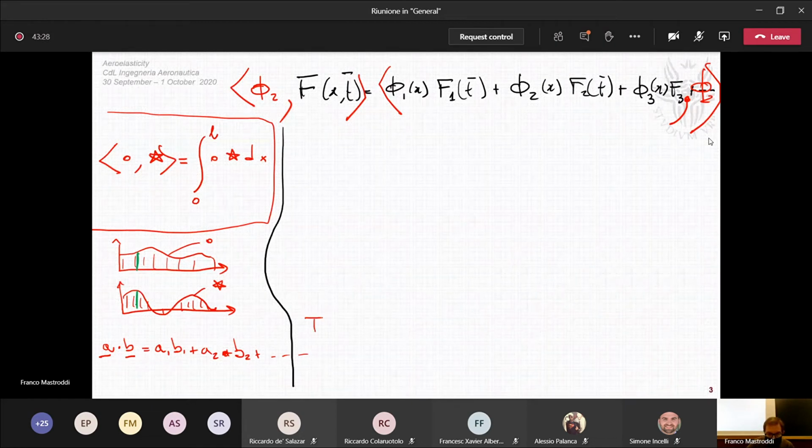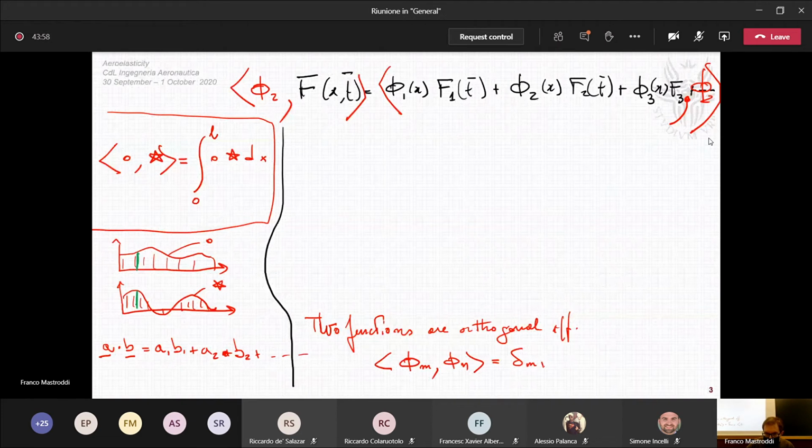Two functions phi_m and phi_n are orthogonal if and only if, when you take the inner product between one function and the other, you have 0 if m is not equal to n, and you have the scalar product phi_n by phi_n if m is equal to n.